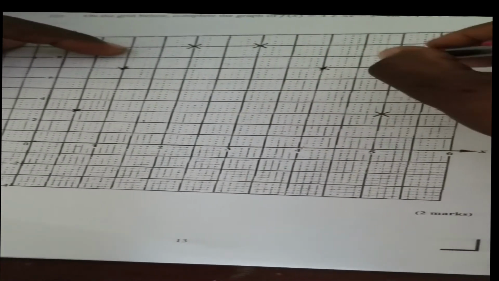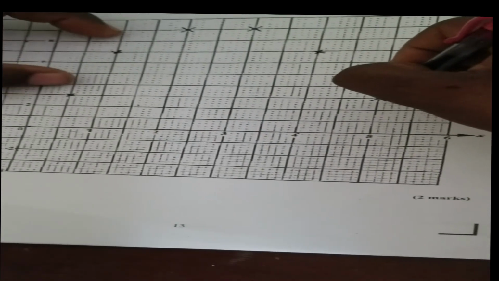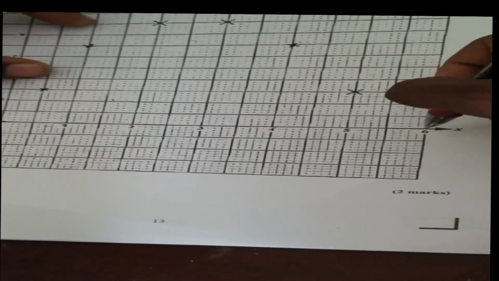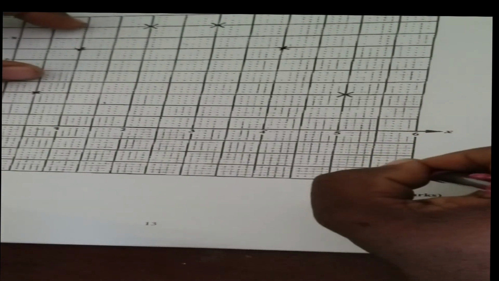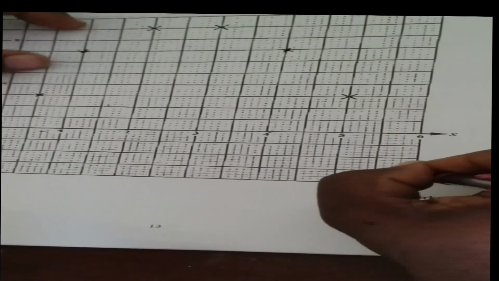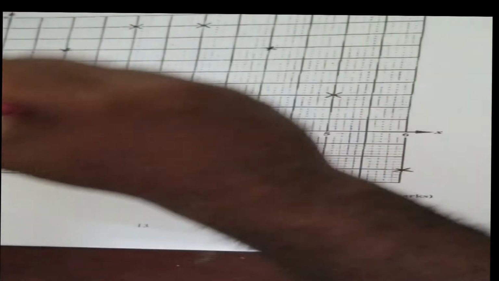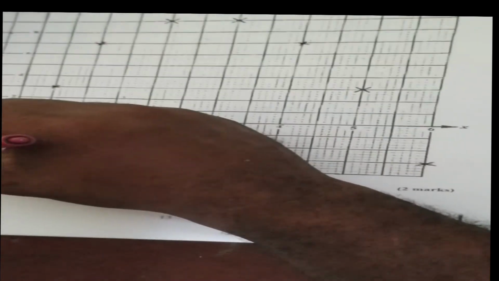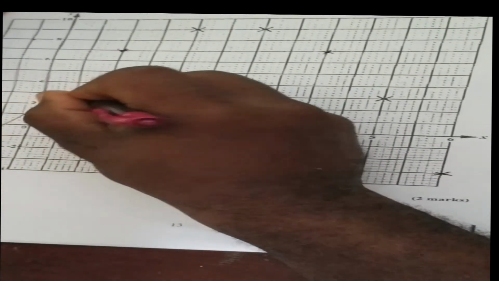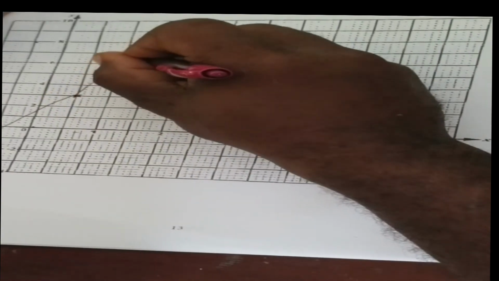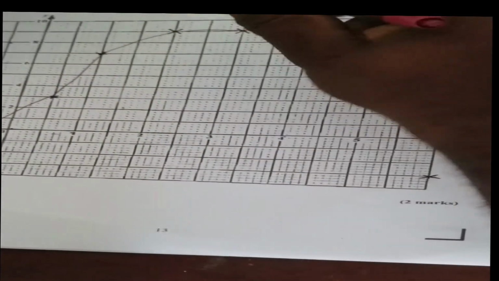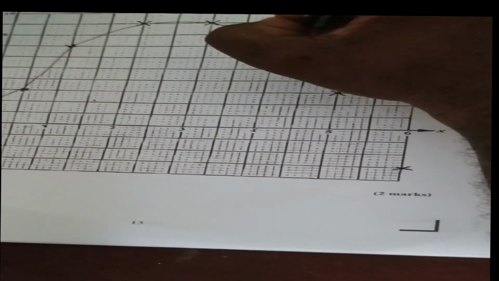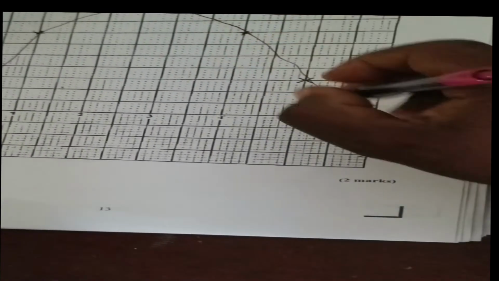When our x is 5, our y is 3. And when our x is 6, our y is equal to negative 3. And so we're going to connect these points, and this should give us a curve.